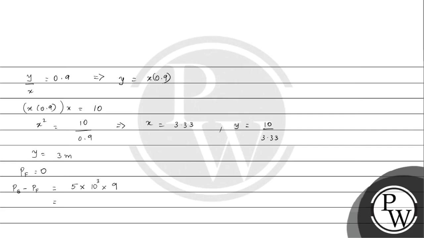So this is nothing but the gauge pressure, which is equal to PB is equal to 45 into 10 to the power of 3 pascals, या फिर हम लिख सकते हैं 4.5 into 10 to the power of 4 pascals.